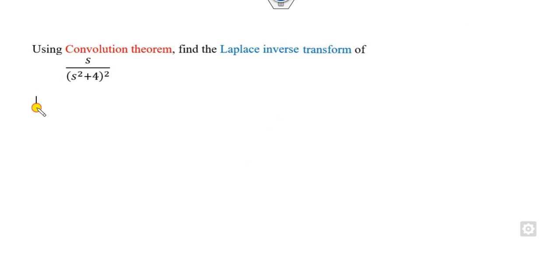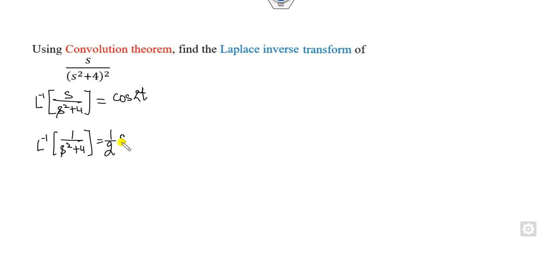Okay, look at this another one. Again, I can break this component into two parts, s over s square plus 4 and 1 over s square plus 4. What is that? It's cos of 2t, and it will be 1 over 2 sine of 2t.